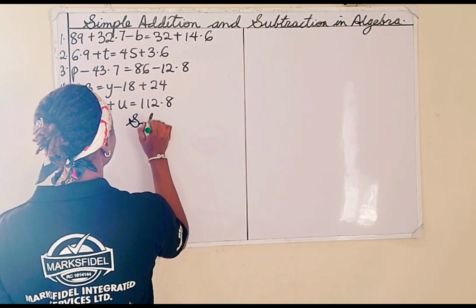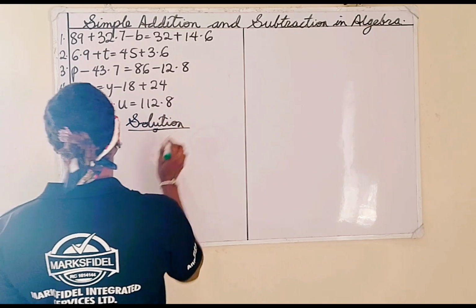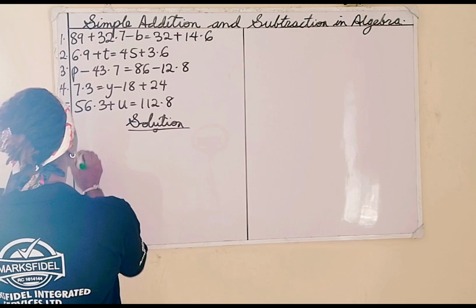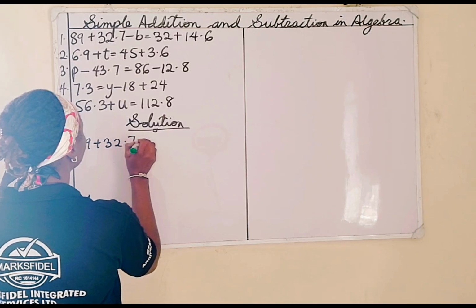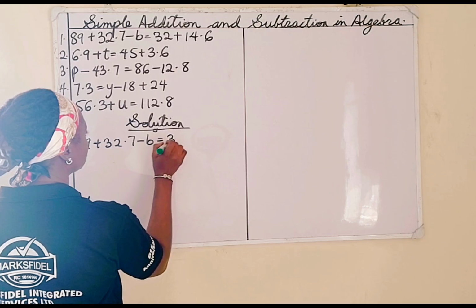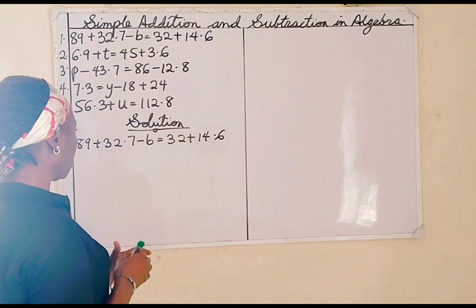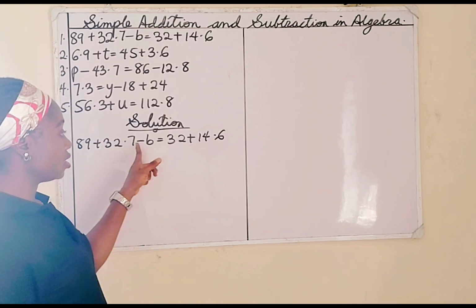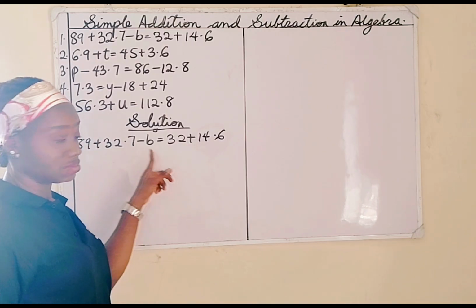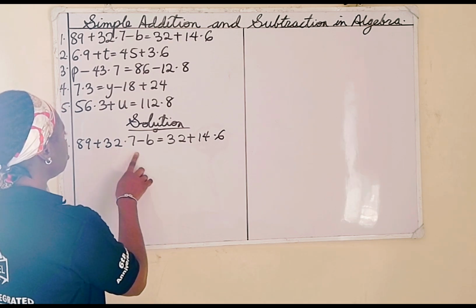Solution. Number 1, 89 plus 32.7 minus b equals 32 plus 14.6. Now first of all, we're going to add these numbers together, and you can see we have a letter here which is minus b. Now what's 89 plus 32.7?